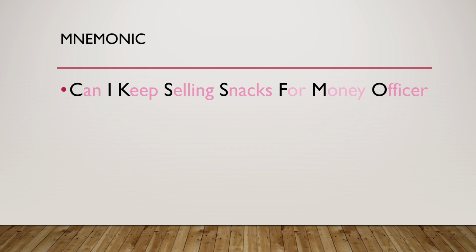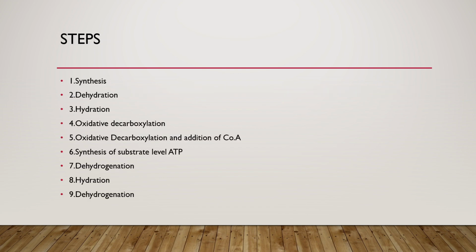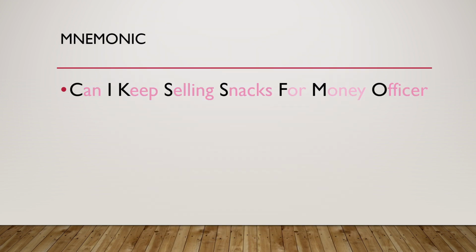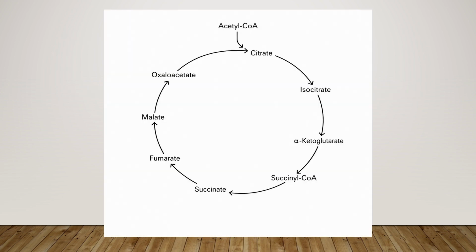So C stands for citrate, I for isocitrate, alpha ketoglutarate, succinyl coenzyme A, succinate, fumarate, malate, and in the last, oxaloacetate. Right, students?